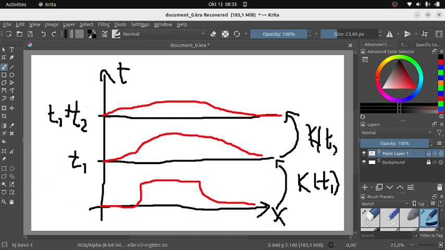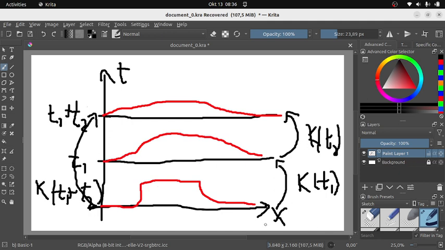Alright? But I could also say that I am going directly here, and this will be the kernel for t1 plus t2. And how is all this consistent?